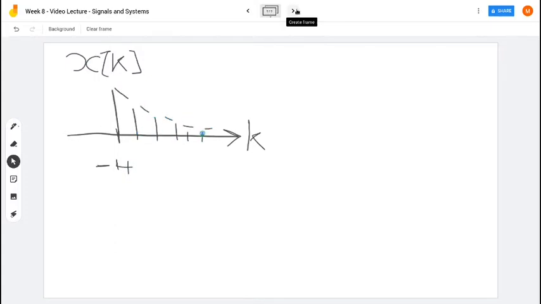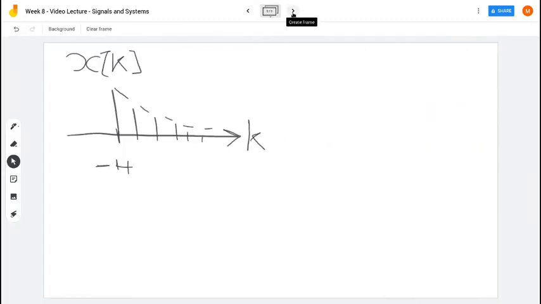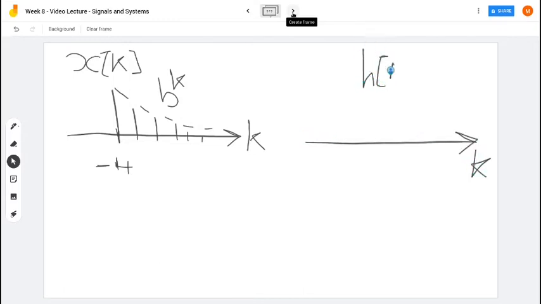And it will be b to the power k u of k plus 4, which is already happening over here since we start from minus 4. And also we will need to plot h of k, which is rho to the power k times u of k. So it starts at 0 and then it will be rho to the power k.